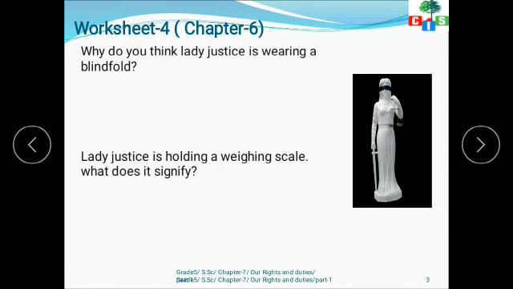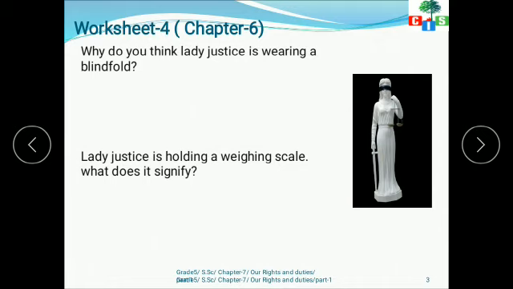First is worksheet 4 of chapter 6. In your workbook there are 4 worksheets in chapter 6. I have solved one for you, and the rest you can solve by yourself. In worksheet 4 there is a picture of Lady Justice. I think all of you have seen this statue on television, in movies, and in magazines.